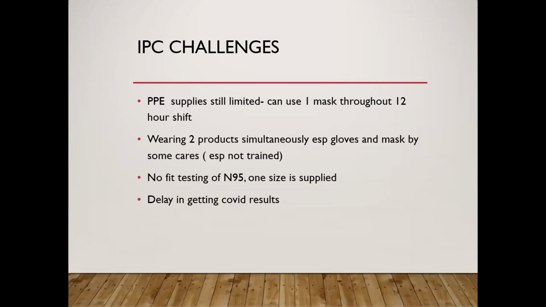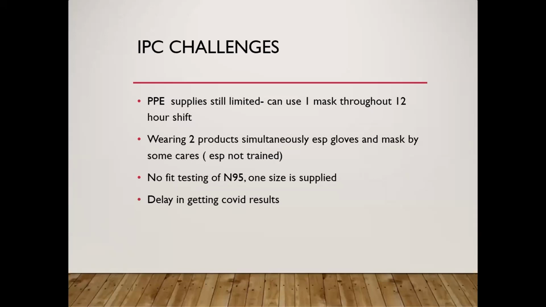And also there are a few people who were not trained. We really tried to train everyone within the institution, but there were some who were left out, and some who haven't really changed their behavior despite having the role models in place, or despite having the knowledge. There are some who still wear two products simultaneously, like the gloves and also the masks.